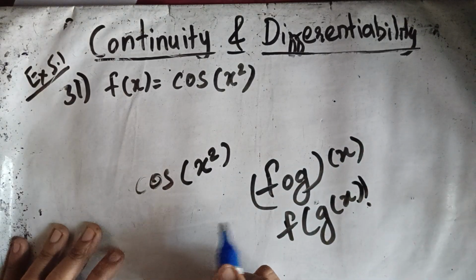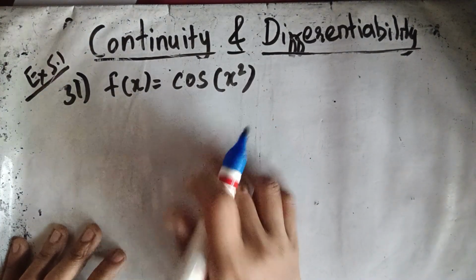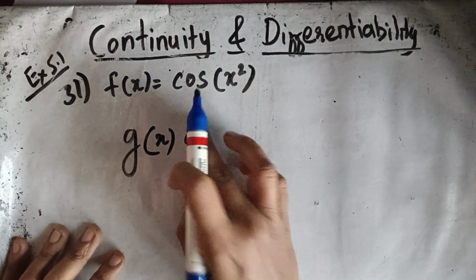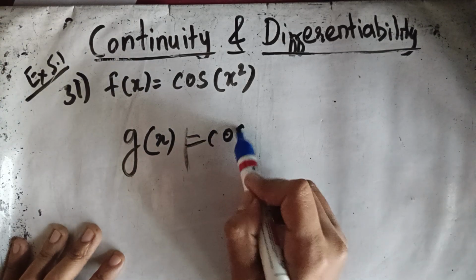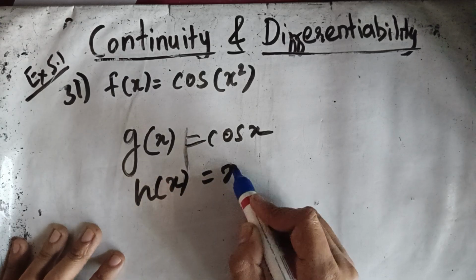So two functions are there. Suppose f is already taken, so take g. G of x is cos of x. Then another function h of x is x square.